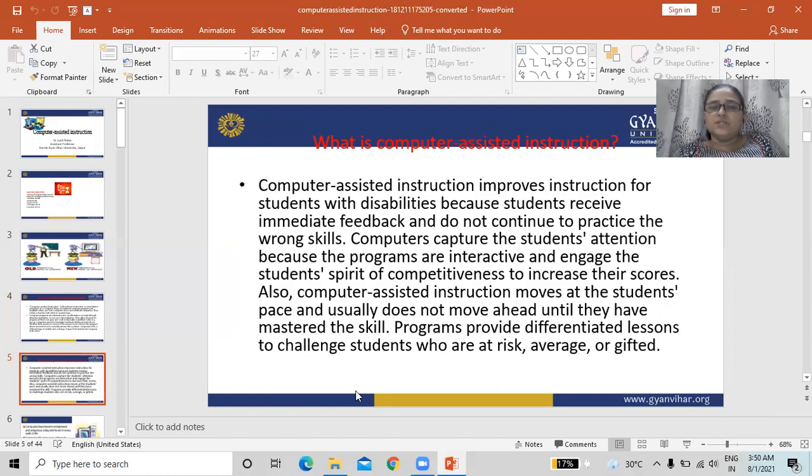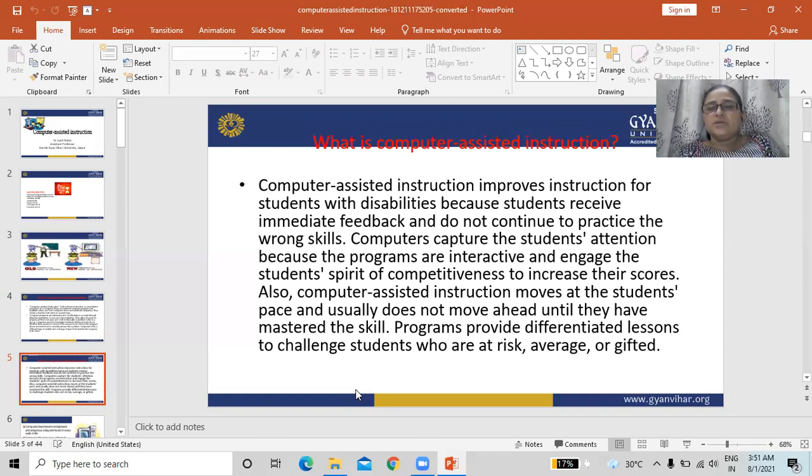Computer assisted instruction improves instruction for students with disability because students receive immediate feedback and do not continue to practice the wrong skills.